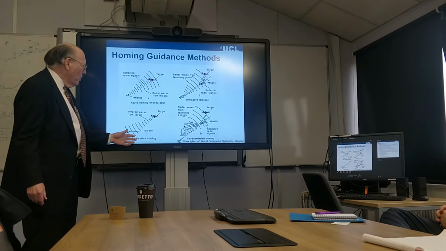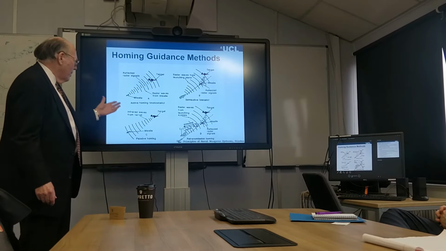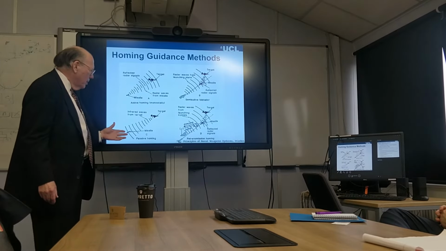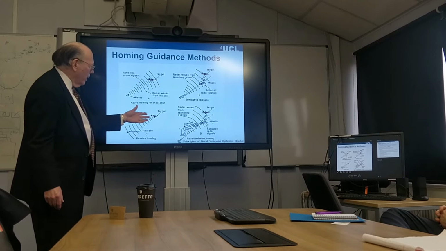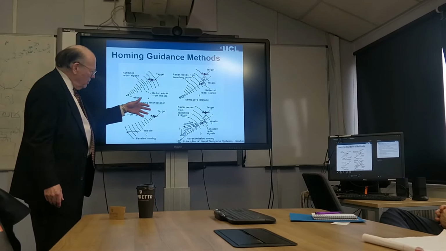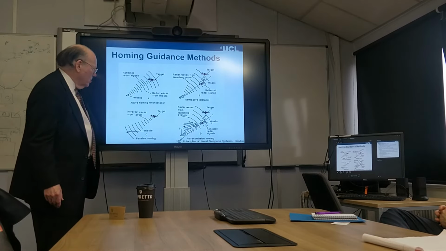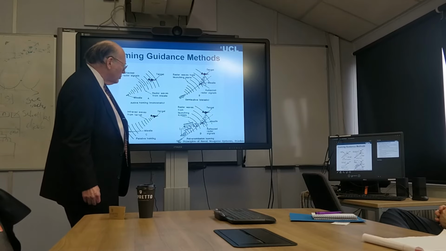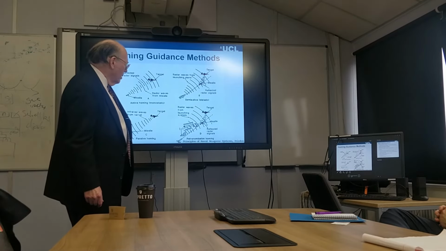And then we have passive homing systems, and they're exemplified by infrared. And so, a common type of air-to-air missile is an infrared guided missile, and it just locks onto the infrared signature of the aircraft and homes in on it.